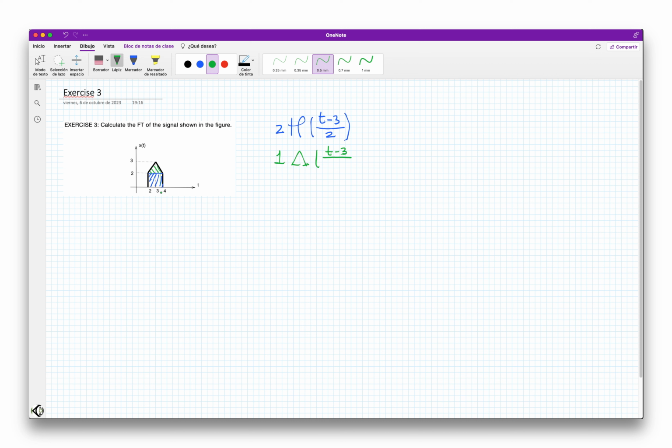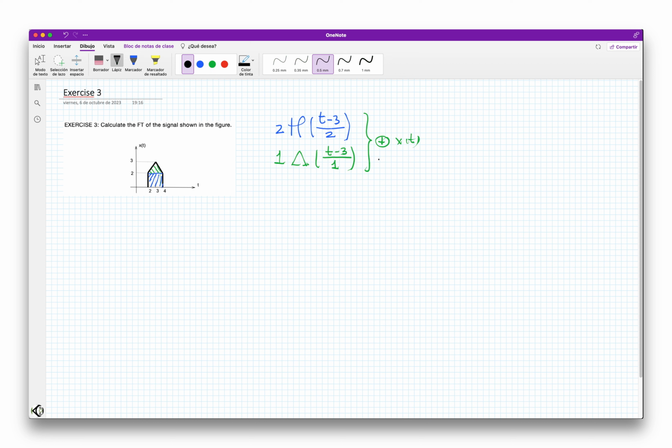But remember that in the triangle, in the denominator, we do not put the total width, but we just put the half width. So in this case, as the width is also 2, we put 1, because in the triangle we put half width. So our signal x of t is both signals together. This is x of t.